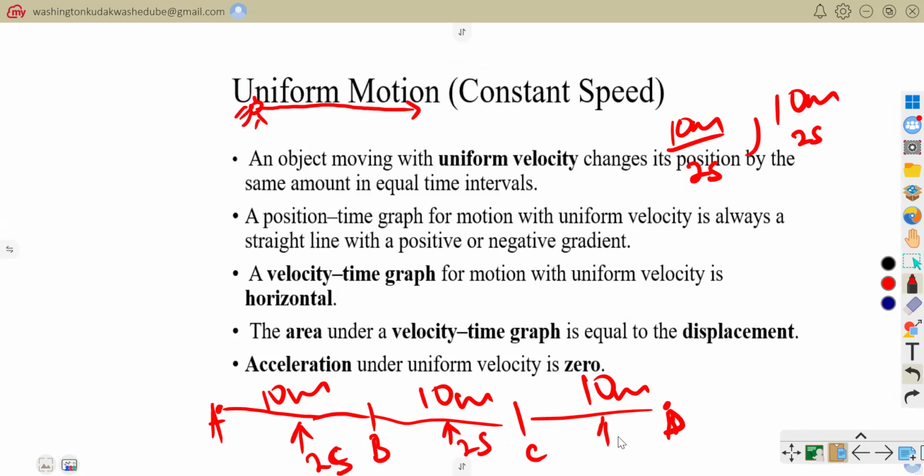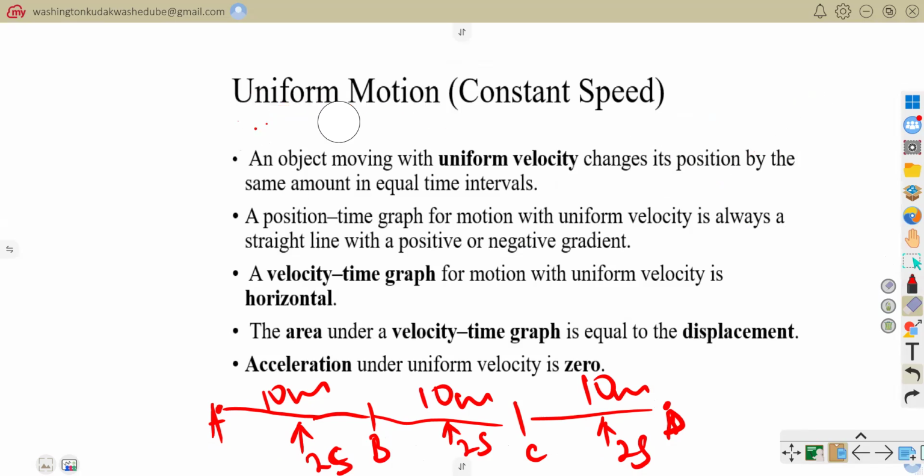You would also take another 2 seconds to change the same position here. So this is where they are saying that an object that is moving at uniform motion or else uniform velocity changes position by the same amount in equal time intervals. That is what they mean here.